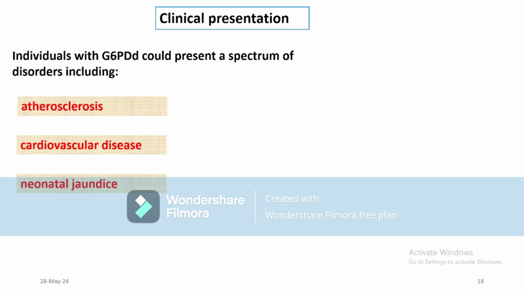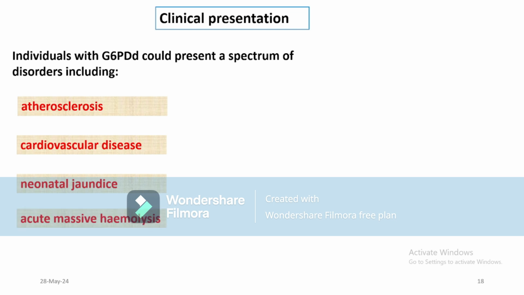Of course, one common thing that we normally see in babies is neonatal jaundice. When a woman who is G6PD deficient is pregnant, the likelihood that she will give birth to a baby boy who is G6PD deficient is about 99%. Therefore, once there is G6PD deficiency in neonates, it always presents as jaundice.